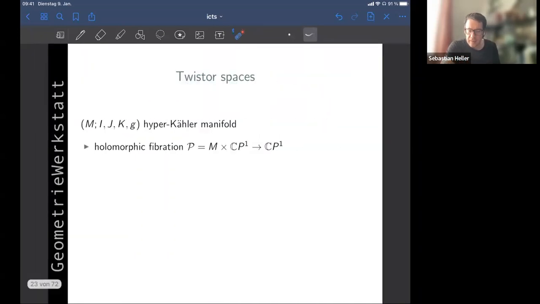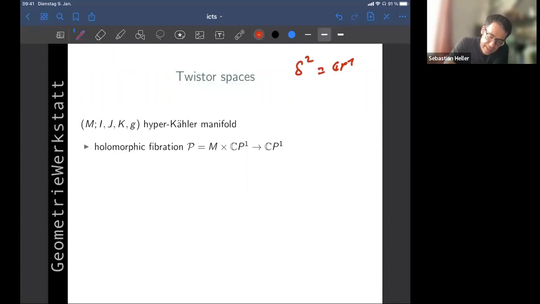And the starting point is to define the complex structure on the product of M with CP1. You identify the two sphere with CP1 in the standard way. And then on the space P, you define an almost complex structure as follows.